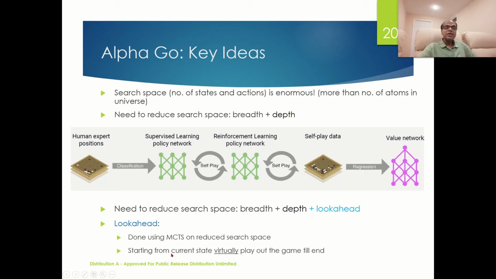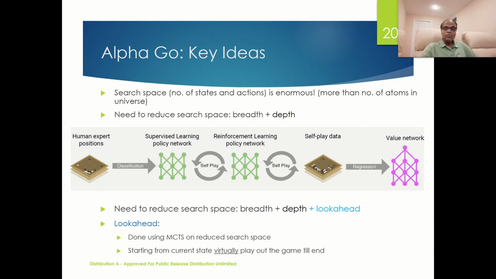And to play this game, we use our old friend, Monte Carlo tree search. We start from the current state and we virtually play the game till the end of play. That is basically the way probabilistic tree search and Monte Carlo tree search work. So in this way, you can find out what the best moves are within a very large state space, for example, like the computer Go algorithm.